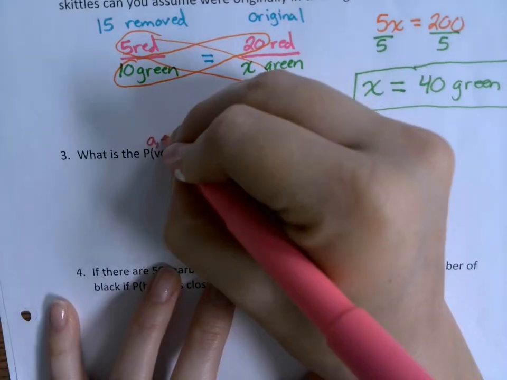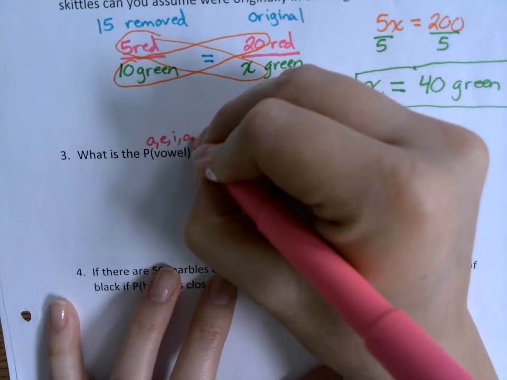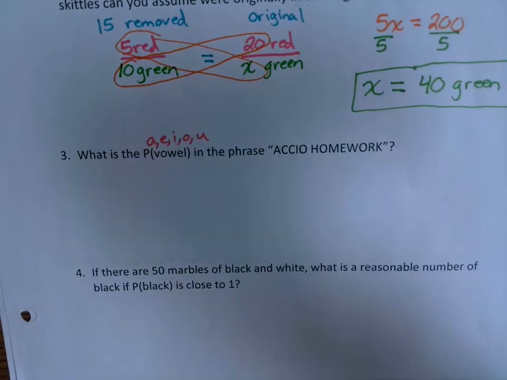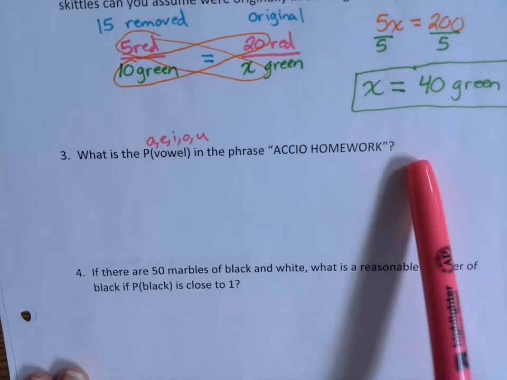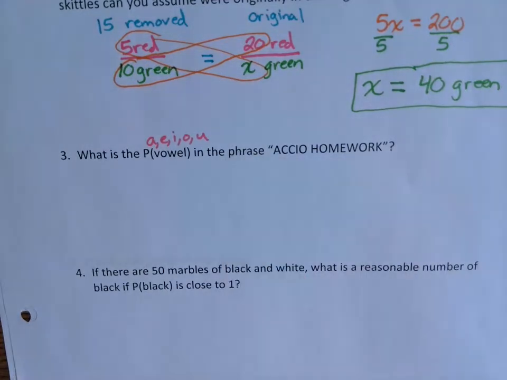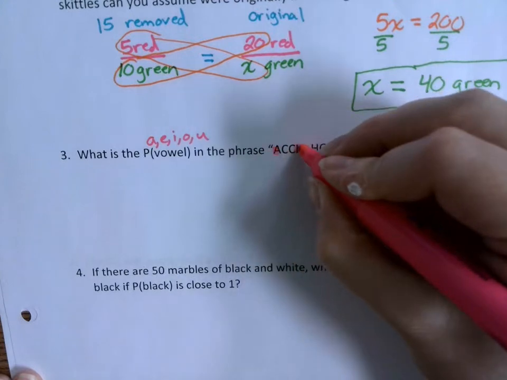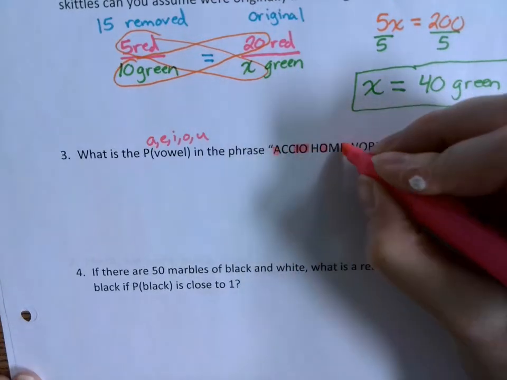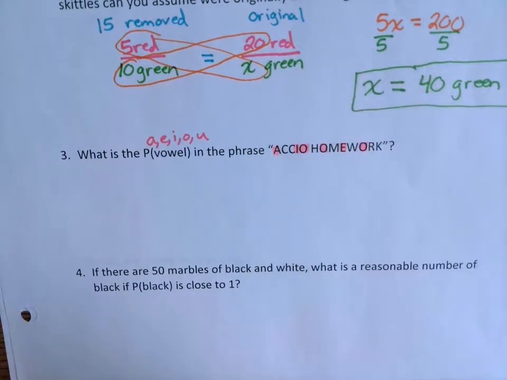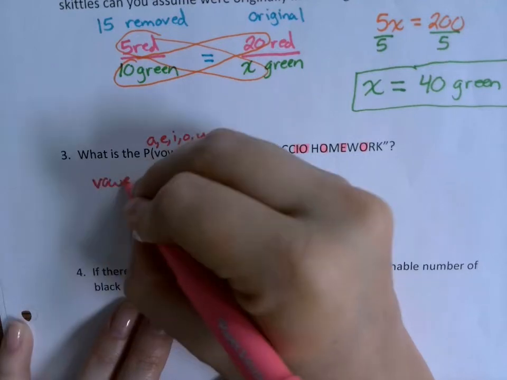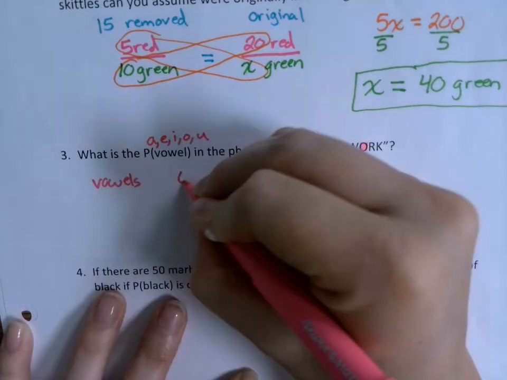Those are our vowels. So we want to know how many vowels are present in this entire phrase. So we've got an A, we've got an I, we've got an O, we've got another O, an E, and another O. So how many vowels is that? 6. Right? The number of vowels that we happen to have are 6, out of 13 total letters.